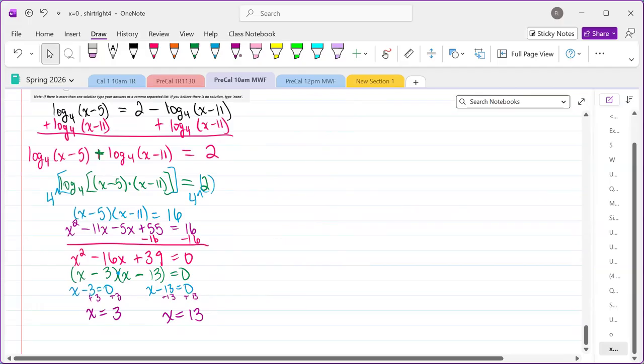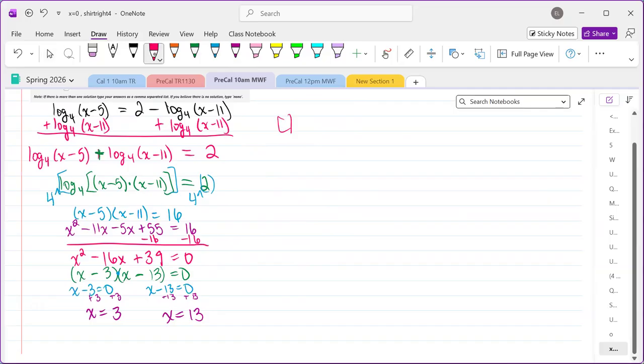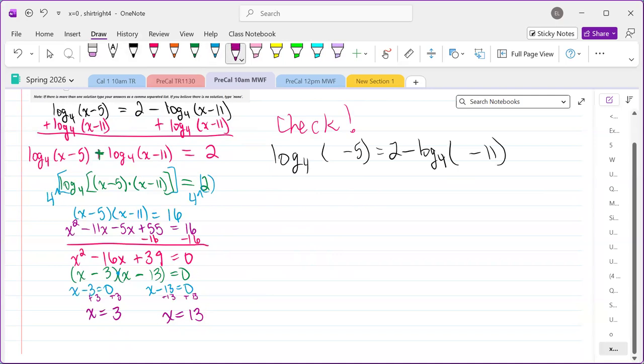Now, when you're finishing a log equation, because logs have restricted domains, check your answer, or go back and check the domain restriction. So if I take my original equation and go back and substitute in x equals 3, I get log base 4 of 3 minus 5.